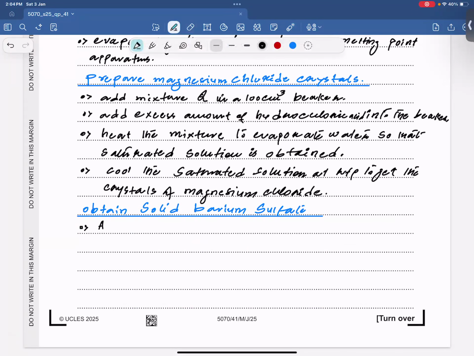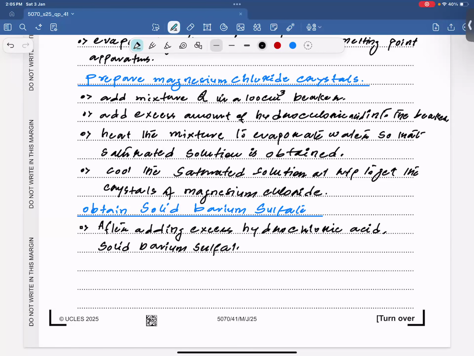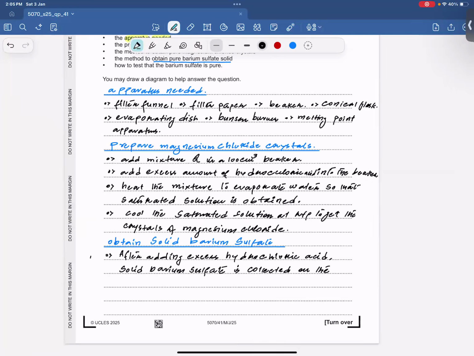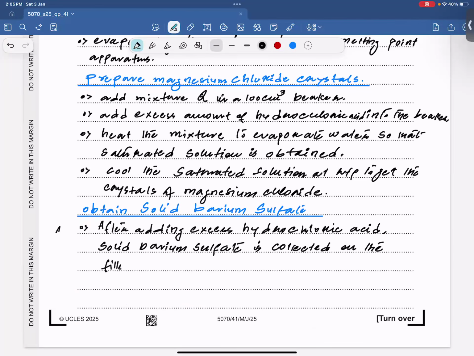After adding excess hydrochloric acid, solid barium sulfate is collected on the filter paper as residue.